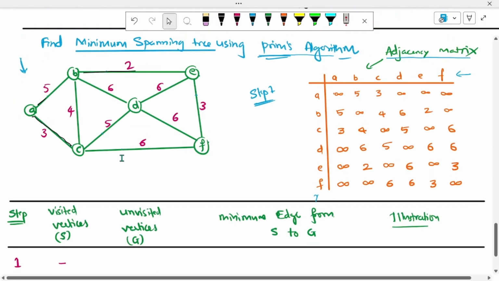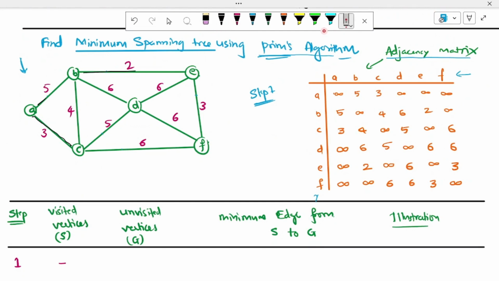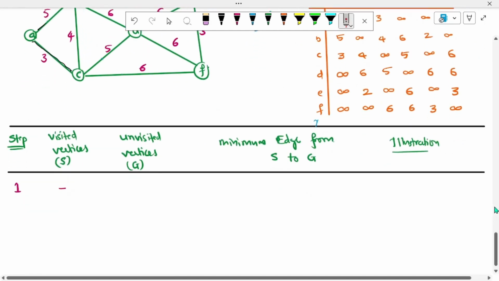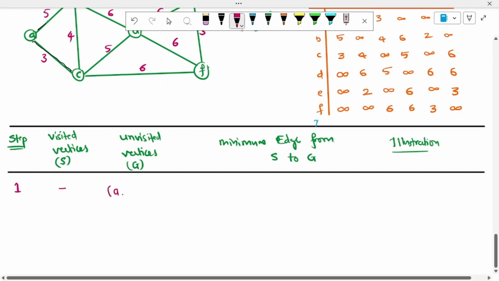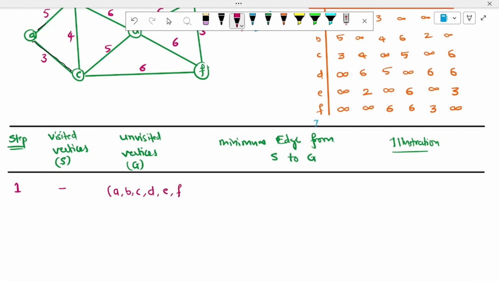If you go here, what are the names of the vertices? You can see it is A, B, C, D, E, and F. So we'll write A, B, C, D, E, F.